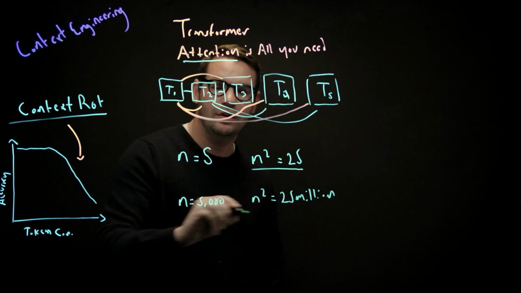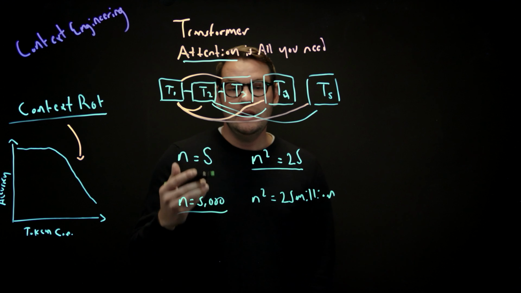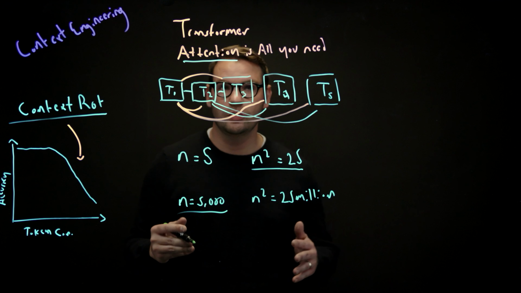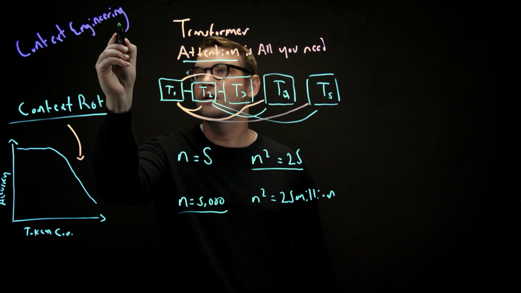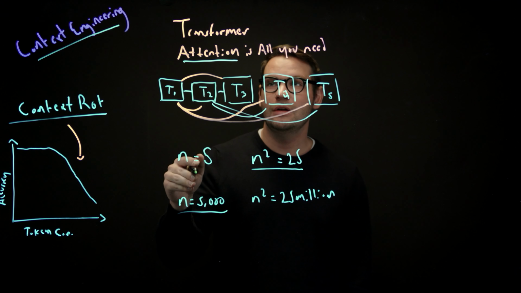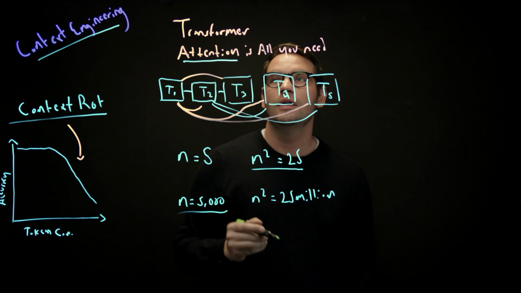And 5,000 isn't even that much. That could be a legal document, for instance. So that means attention needs to be treated as a finite resource. We need to design the architecture and really think about context engineering from the day zero design to maximize LLM utilization and maximize the amount of attention that we have.